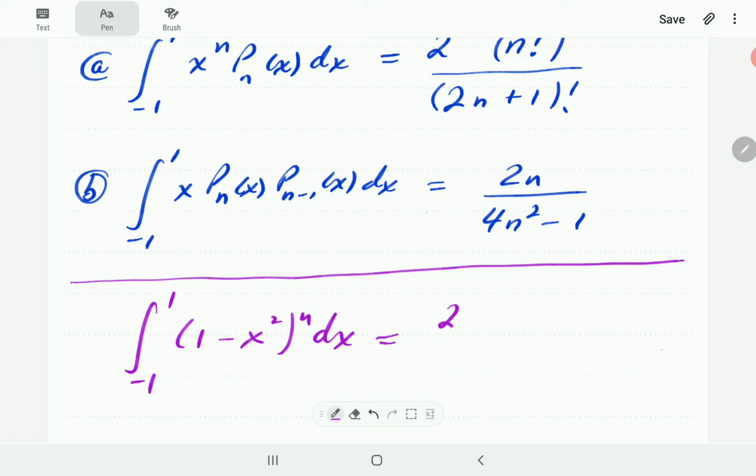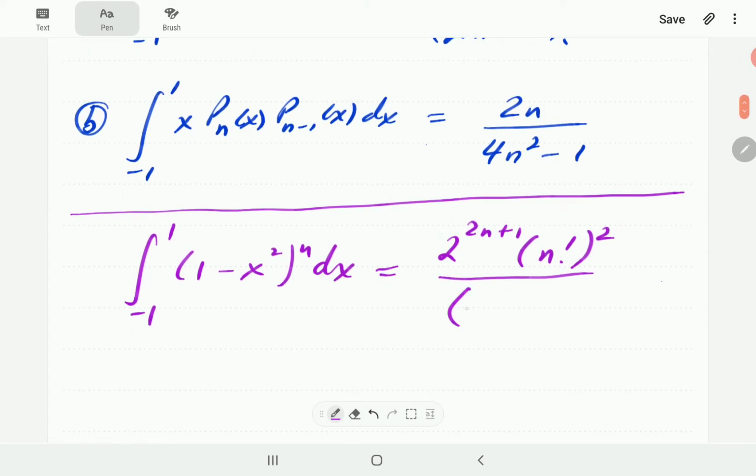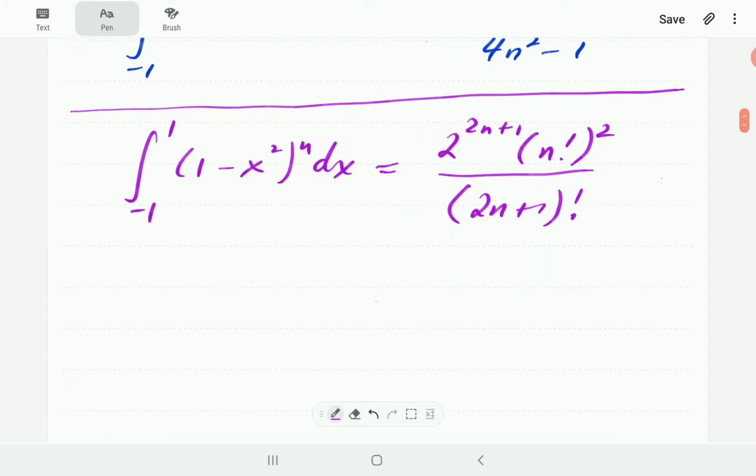So again, we have worked on this integral in that same video on the orthogonality properties of Legendre polynomials, and we have shown that it is equal to 2 to the power 2n plus 1 times n factorial squared all over 2n plus 1 factorial.